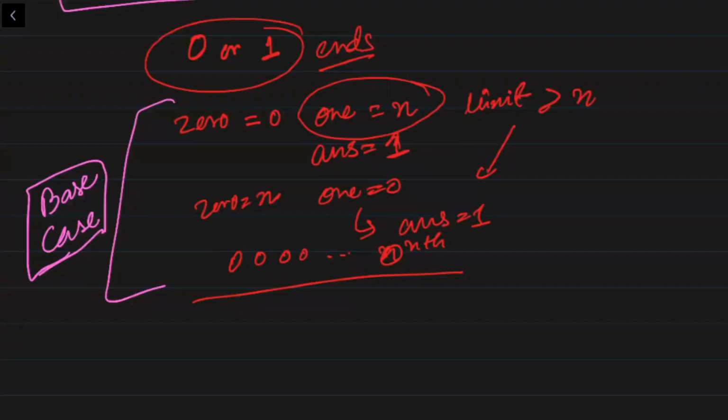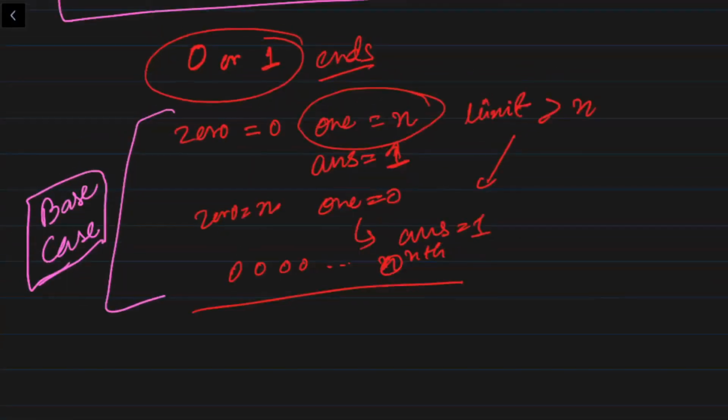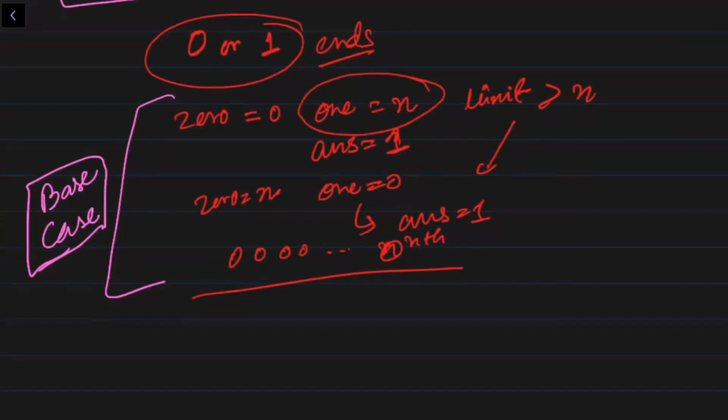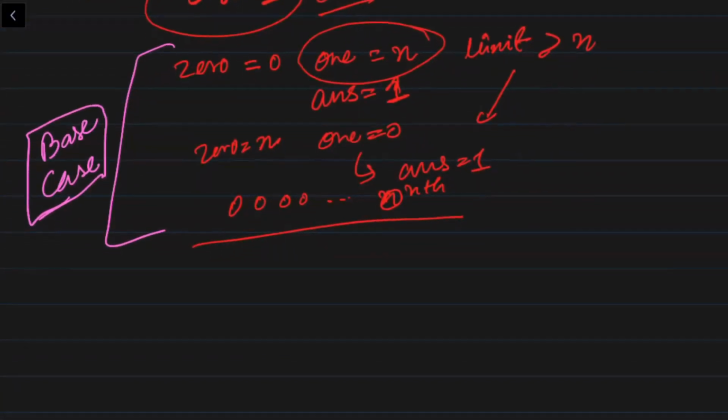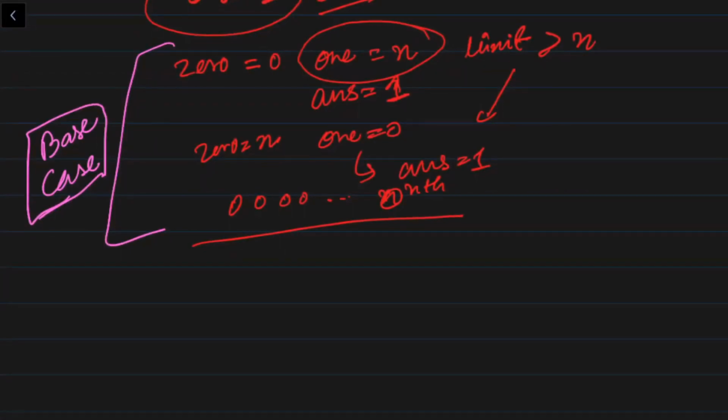So after that, let's say we have some random length, where we have 0 equal to z, right? And 1 equal to, let's say, o, right?